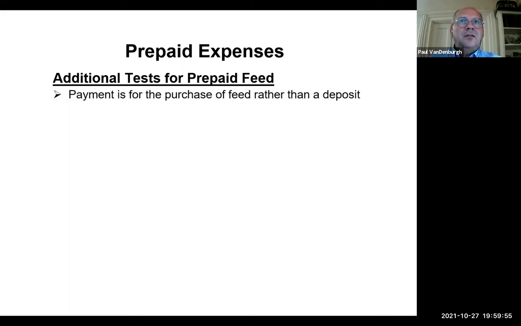In addition, the payment has to be for the purchase of that feed, not a deposit. It's not money on account. The feed company is not going to give me interest just because I made a $10,000 deposit. No, I bought $10,000 worth of feed, X amount of feed.